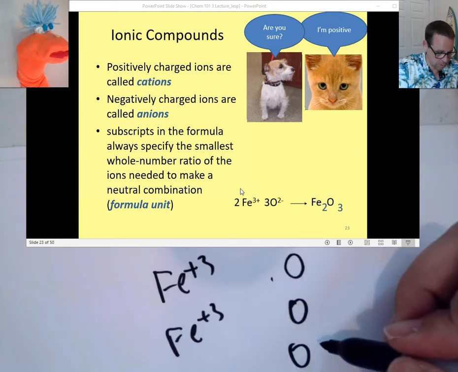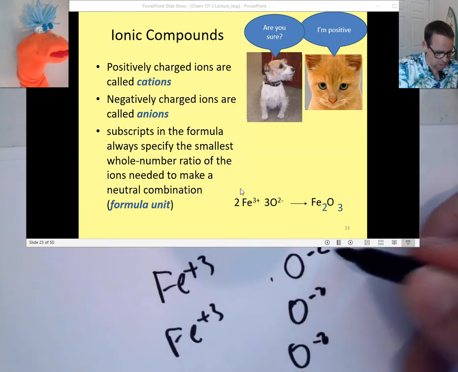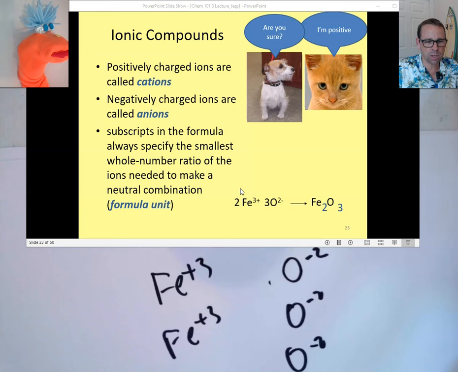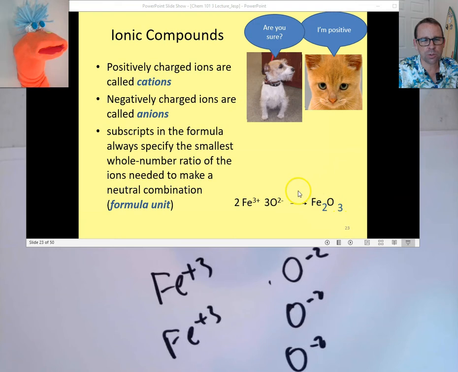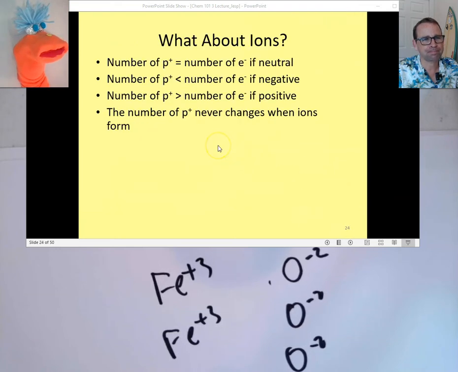And then I have 3 of these oxygen -2. That's also a total of 6 electrons that were taken up. And the electrons are transferred from the iron to the oxygen. So it has to be the same number of electrons. Okay, very good. So from that we can predict what the resulting compound will be.